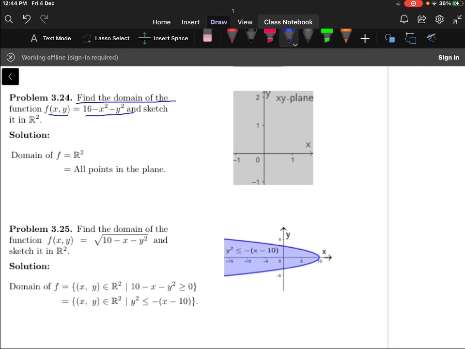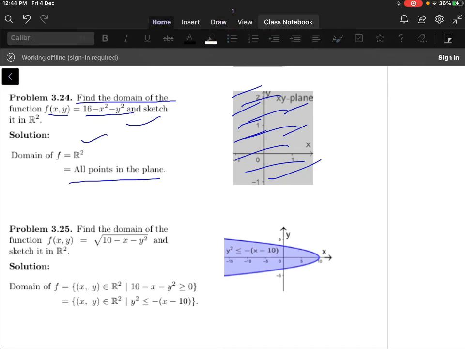This function is defined everywhere in R². Therefore the domain of f is R², meaning all the elements in the plane. So this is the domain of the function f(x, y) = 16 − x² − y².